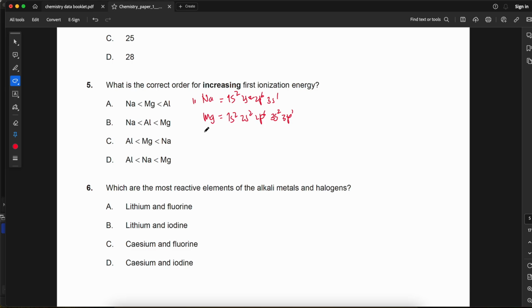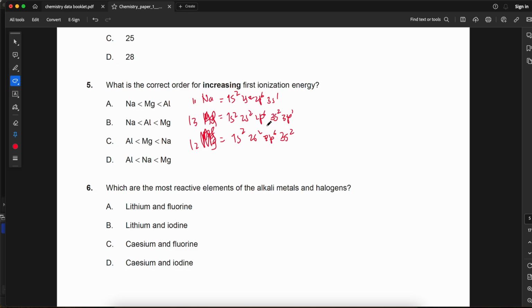And for Al, sorry, this is Al, and this is Mg: Al is 1s2, 2s2, 2p6, 3s2, 3p1. This is for Mg 12, Al 13.